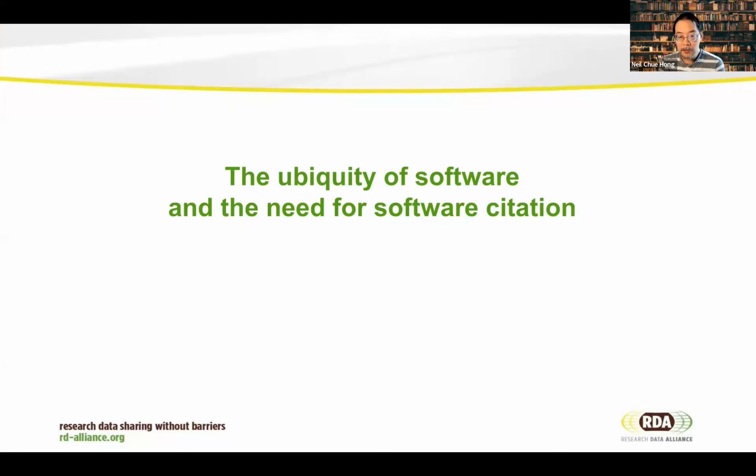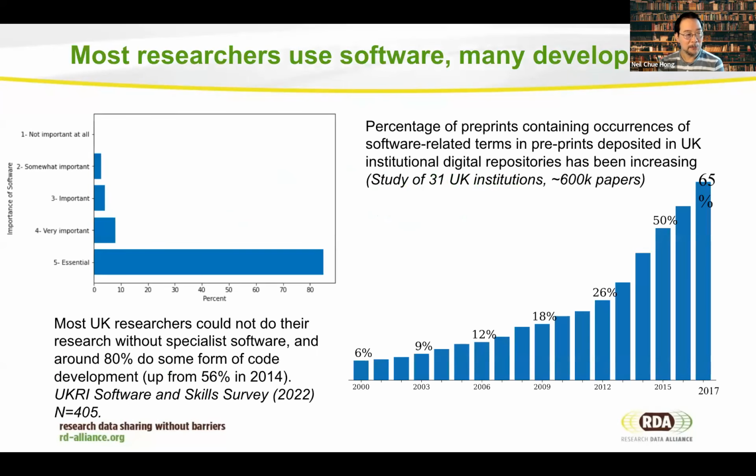So I was asked to give a little bit of background on the ubiquity of software and research software, and also talk a little about the work of some of the groups that I've been involved with, primarily the software citation working group that's part of FORCE11, but also a bit of context for what else has been going on that will help us understand what software is out there and perhaps how it's linked to other types of research objects. So I think the first thing is to give you an idea of the scale of what we're talking about.